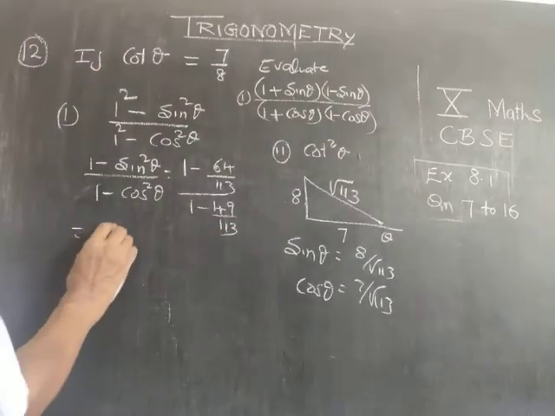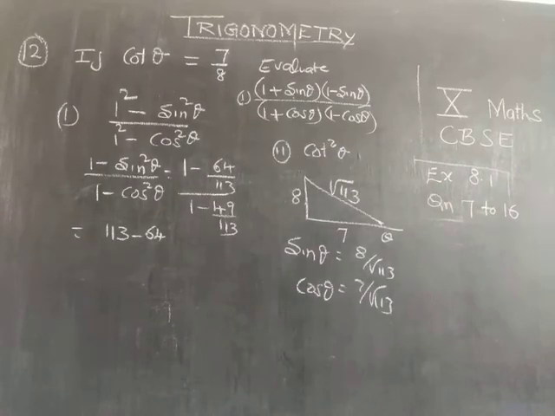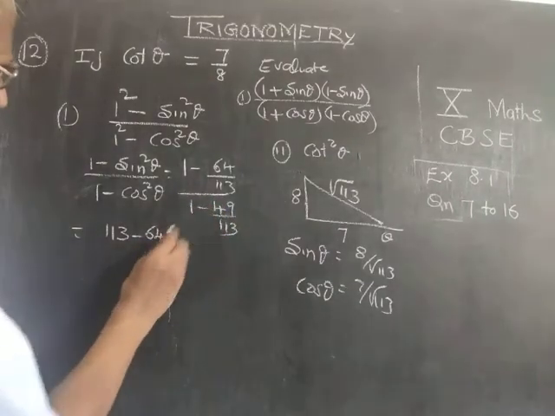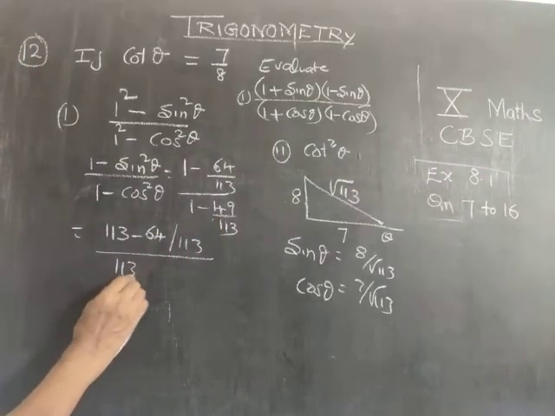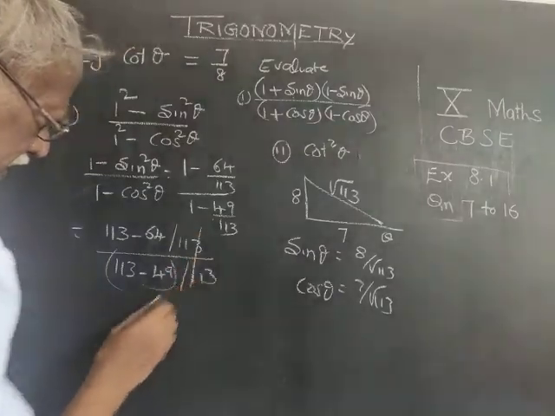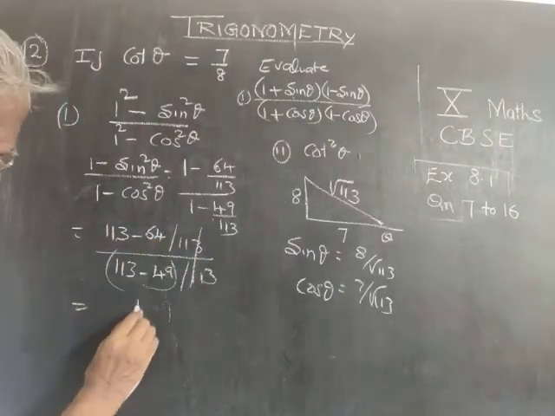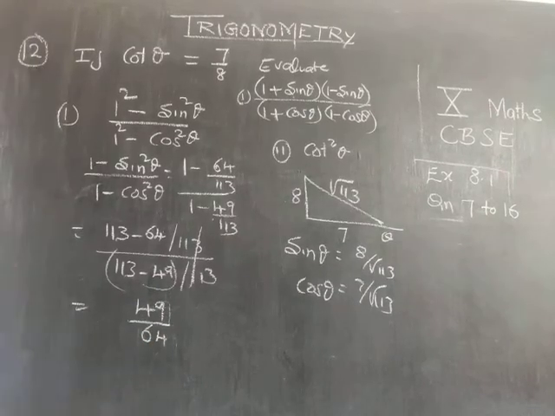So that is 113 minus 64 divided by 113, divided by 113 minus 49 divided by 113. They get cancelled. 113 minus 64 is 49, and this will be 64. So 49 by 64 is your answer.